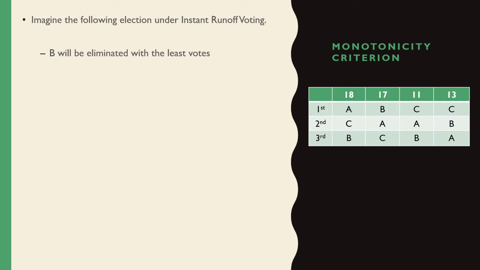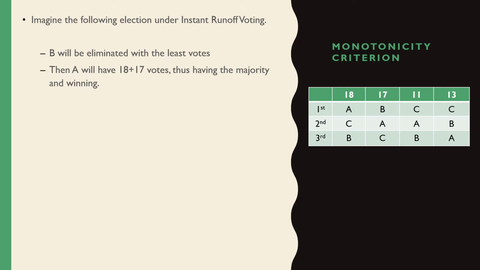The only thing that changes now is that the people who voted for B first have their votes transferred to A, so A now has 18 plus 17 votes, and that ends up being a majority. So A wins. Good for A.